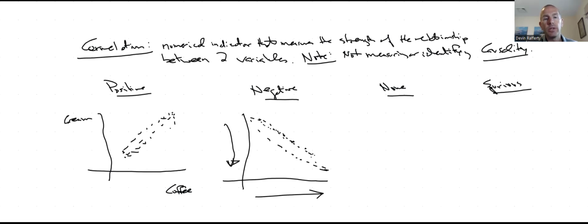Okay, we know this in economics as the law of demand. Okay, there seems to be a correlation in economics that when price goes down, quantity demanded goes up. Okay, now that's causality, right?